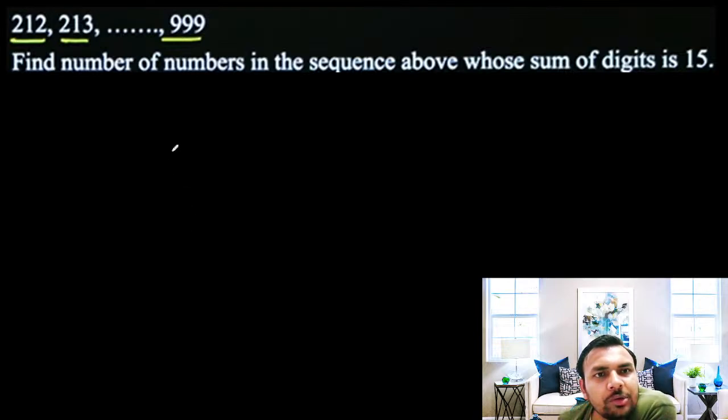212, 213 up to 999. There are a number of sequences above whose sum of digits is 15. So the sum of the digits should be 15. That means the three digits should come out to be 15.